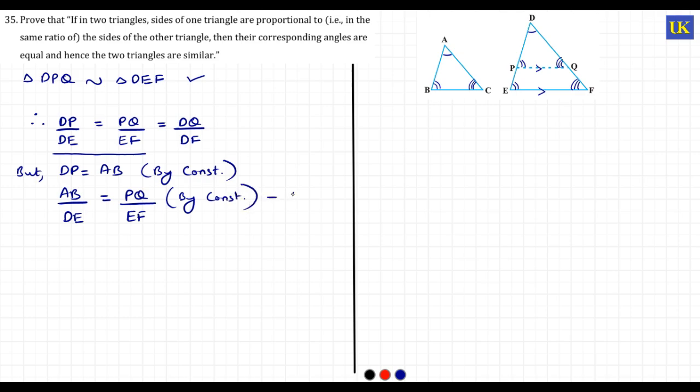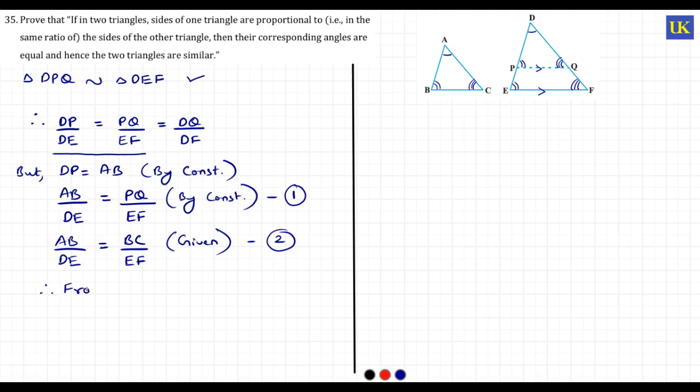Let me number this as 1. Then AB upon dE is equal to BC upon EF. This we are writing as per the given. You can check by going back to the previous slide that AB upon dE is equal to BC upon EF. This is as per the given statement. Let me write this as 2.